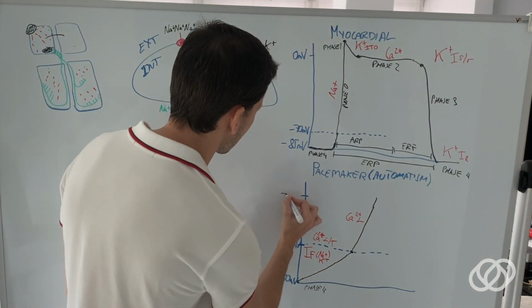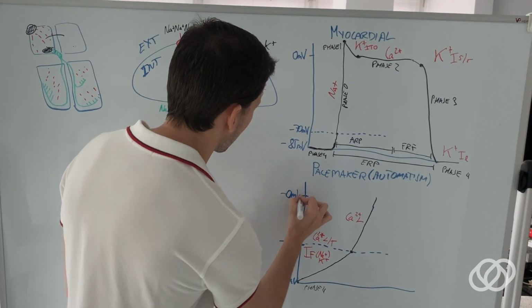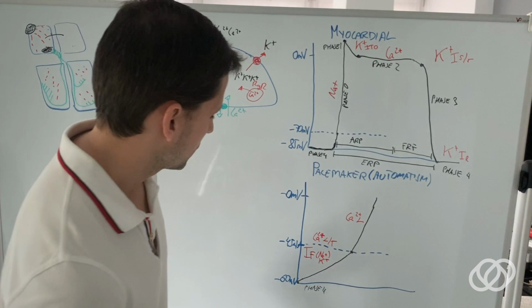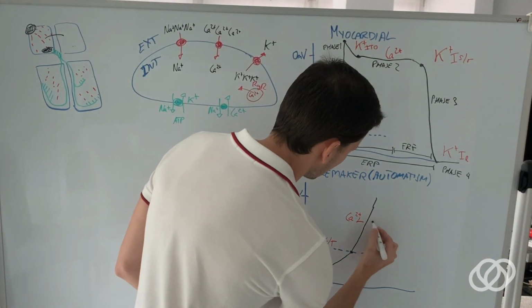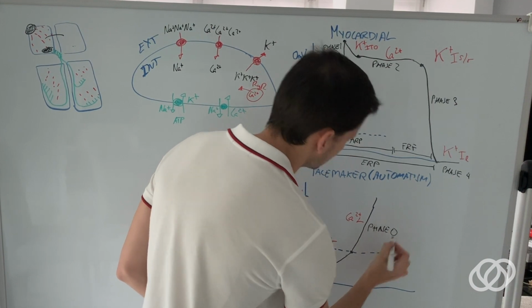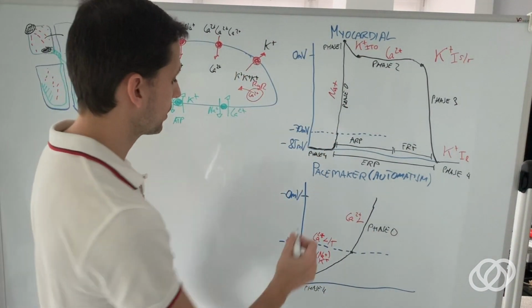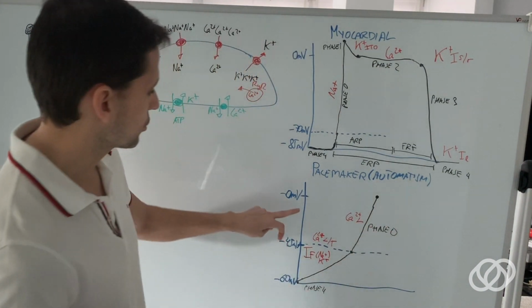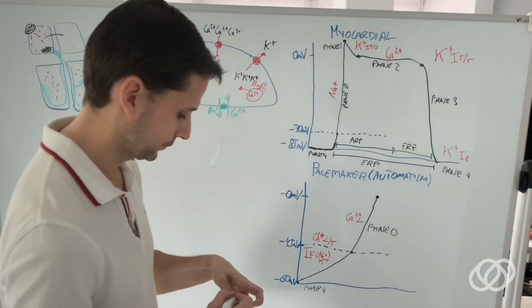Here we have 0. And here it was called the phase 0. This phase 0 will finish when the charge goes above 0.